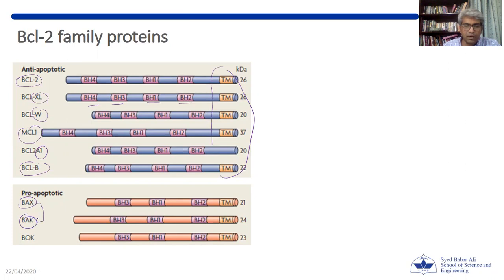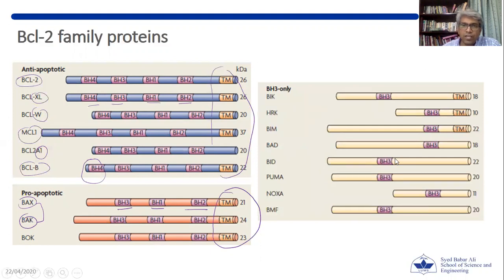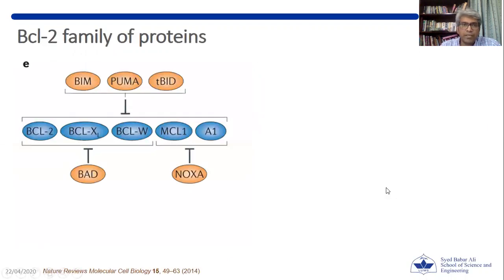They form an apoptosis-inducing channel in the outer membrane of the mitochondria, and they also have BH1, BH2, and BH3 domains, but they lack the fourth BH4 domain. They also have a C-terminal transmembrane domain that contains a hydrophobic alpha helix. The BH3-only proteins, as I mentioned before, all have a single BCL2 homology domain, that is BH3, and some of these also have a transmembrane domain, but the rest of them don't have any kind of transmembrane domain.